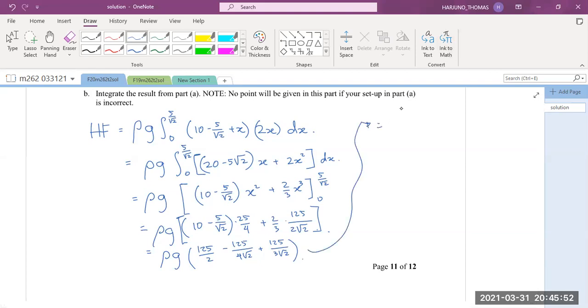Do I make a mistake? No. I factor 125 out. Oh, and then 1/2 minus, actually plus 1 over 12 radical 2.